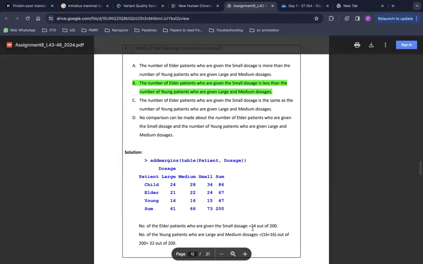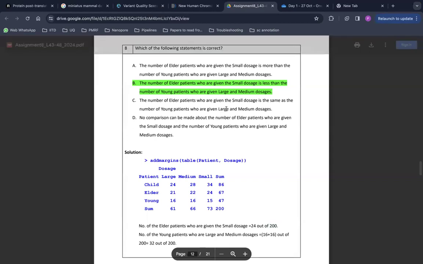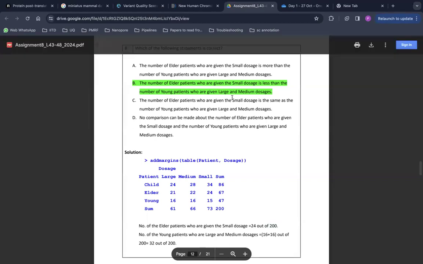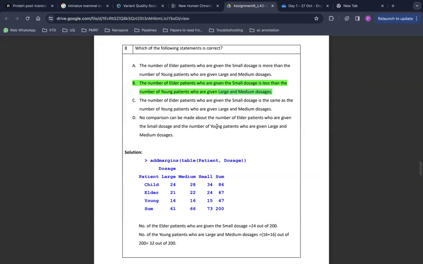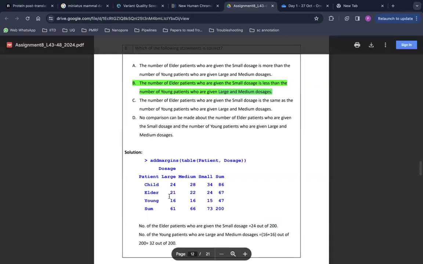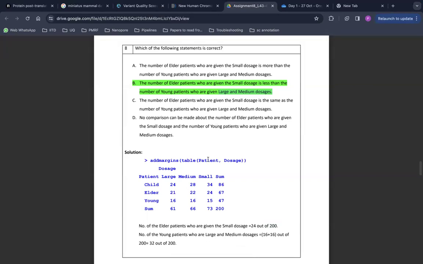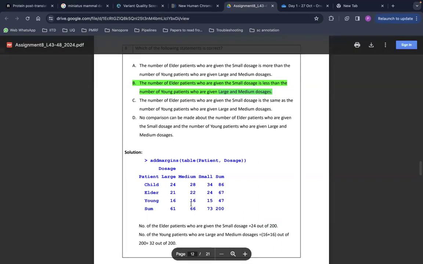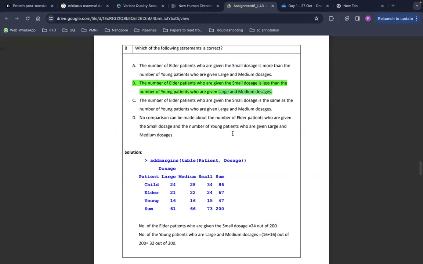So 24 is less than 32. The "and" here represents addition, summation. Okay. Oh, I see. So see, there's no case of "and", right? There's no intersection case here. I understand where the confusion is coming from, but you don't have this intersection information, right?